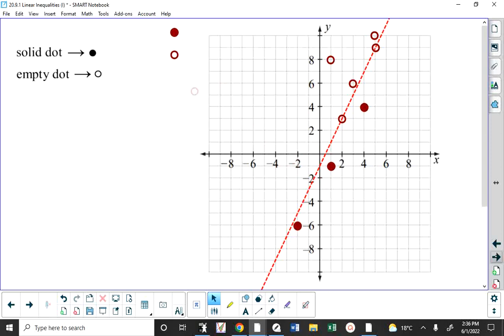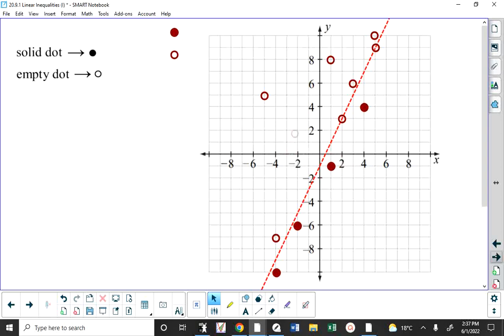Negative 4, negative 7. No can do. Negative 5, 5. Negative 4, negative 10 is. Negative 2 comma 3. Nope. Didn't we have negative 2 comma 3?